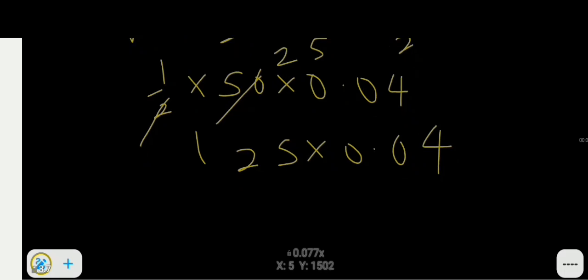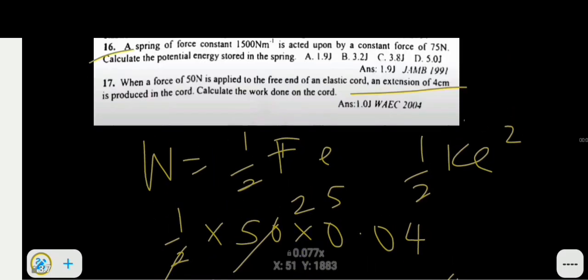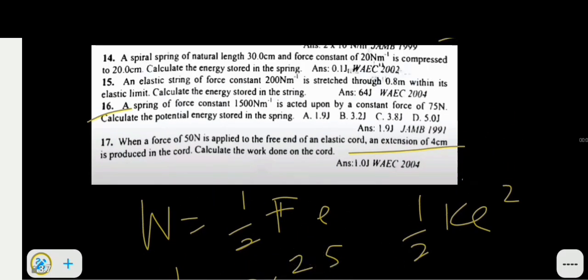If you multiply that, you are going to get 1 joule as the answer. Let's check that. The answer for number 17 is 1.0 joule. So let's go to the next set of questions.